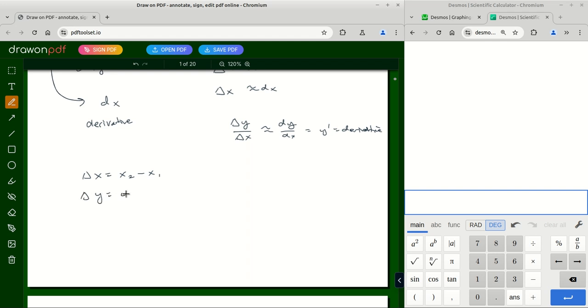And then delta y would be y2 minus y1. And where have I seen these together? Delta y over delta x. If you put those formulas together, it's the slope formula. Slope? Haven't I seen slope before? Oh yeah, that's my derivative, that's my y prime. They're all the same thing.